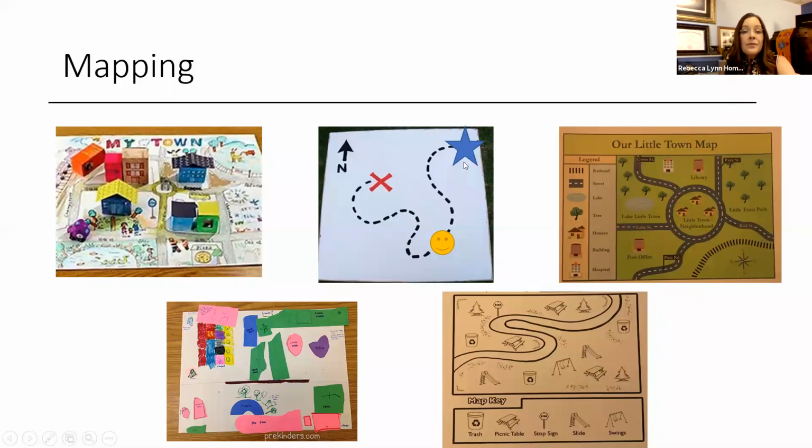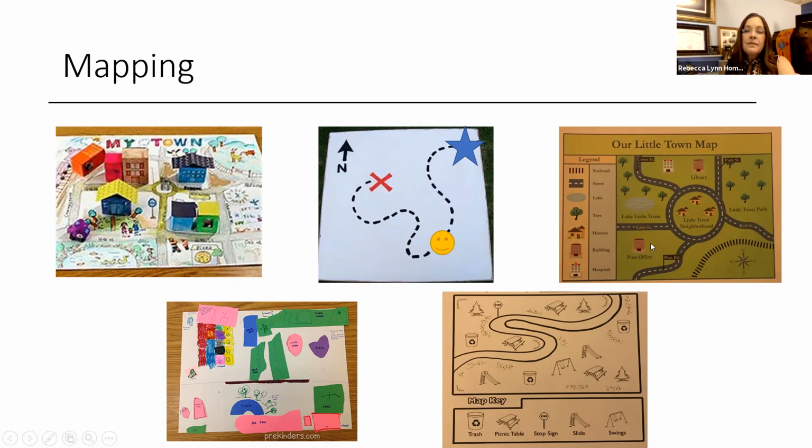The star representing where we left our car, and then the smiley face representing where the water fountain is, where we like to stop to get a drink, and then the X being the duck pond where we like to feed the ducks. Duck food, of course, and never bread, as all the signs say.